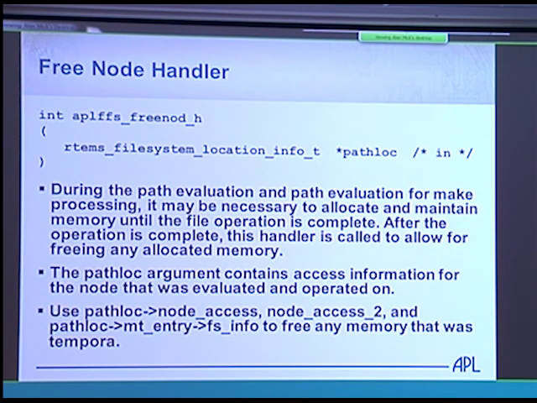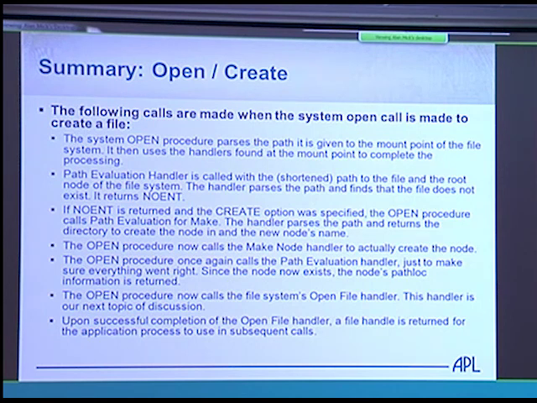I'm going to go to the summary, and then I'll answer any questions. When the system open procedure is called, it parses the path that is given and finds a mount point, and at that time it calls the path evaluation handler for the file system that it is encountering.